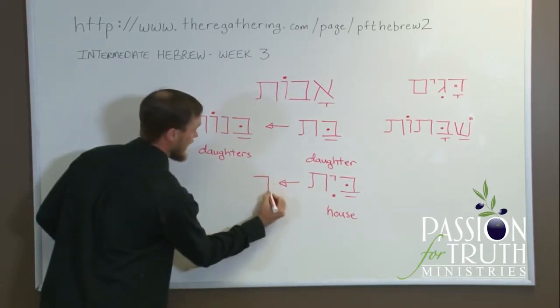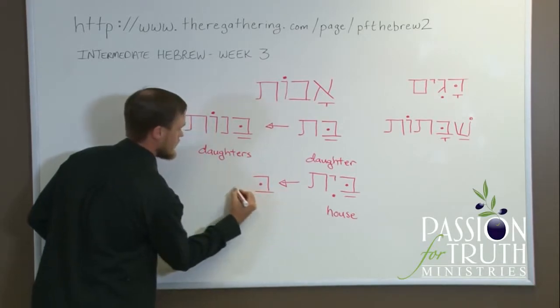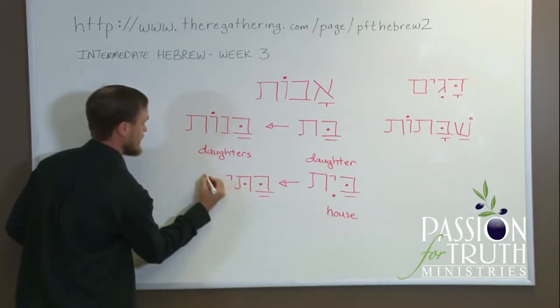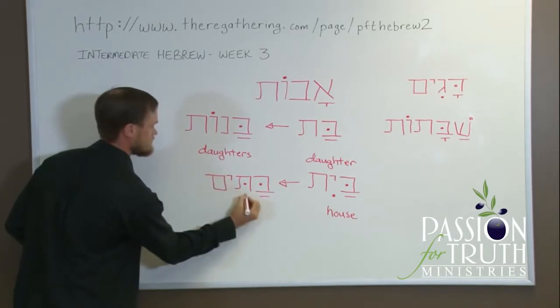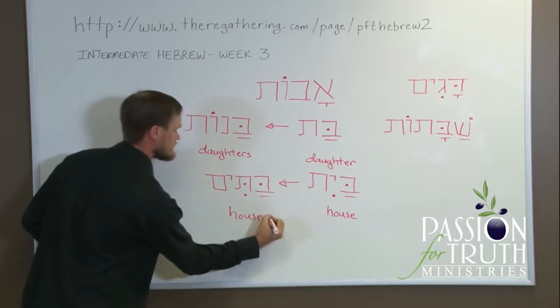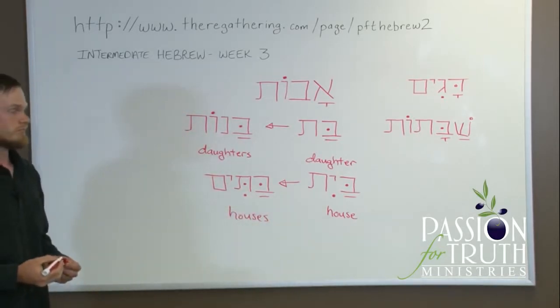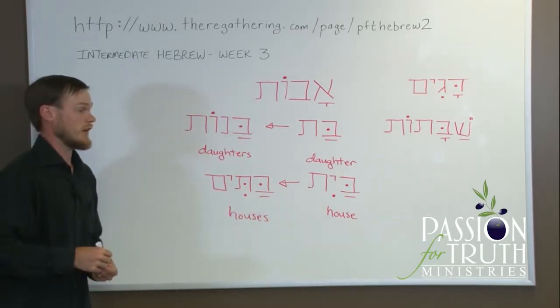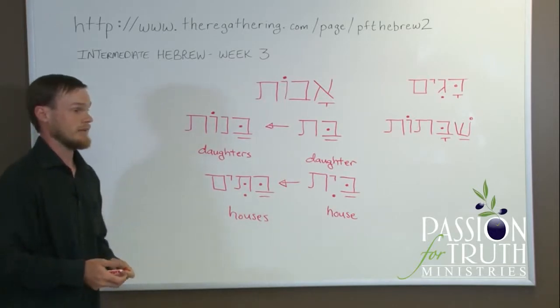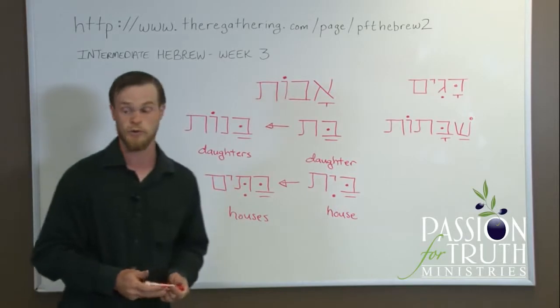So instead of being bayitim, it simply becomes batim. Okay? So father, daughter, and house, av, bat, and bayit all have irregular plural forms.